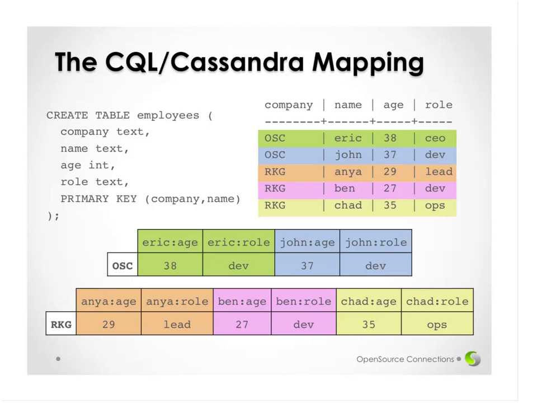And these are composite columns as well, because Eric has 2 columns in the internal representation, but one of them corresponds to age, so we concatenate that column name with age, and the other one corresponds to role, and similarly for me and everyone else here.